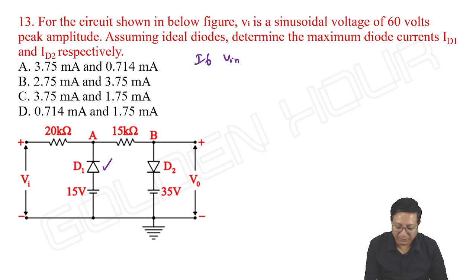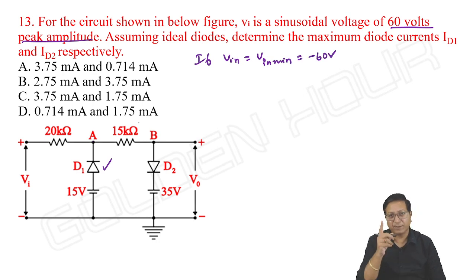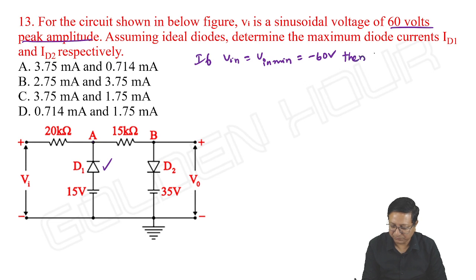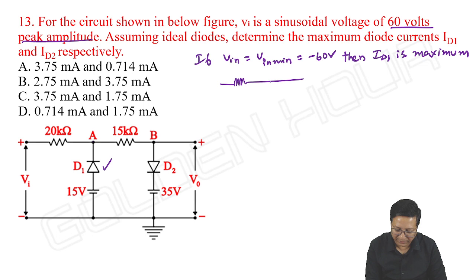When the input is 60 volts peak amplitude, the input minimum is minus 60 volts. At that time diode D1 is on with maximum conduction, so ID1 is maximum. How to find it? If the input is minus 60 volts, then definitely D1 is on and D2 is off.